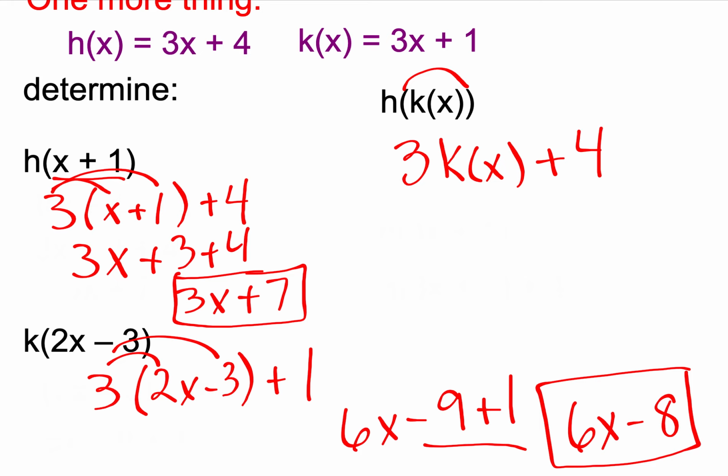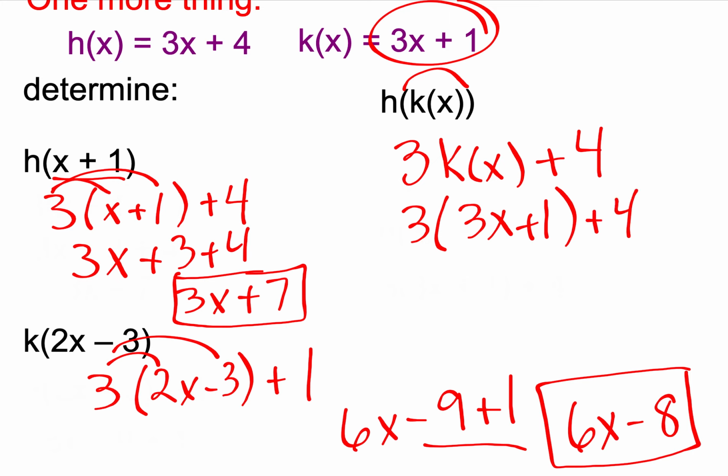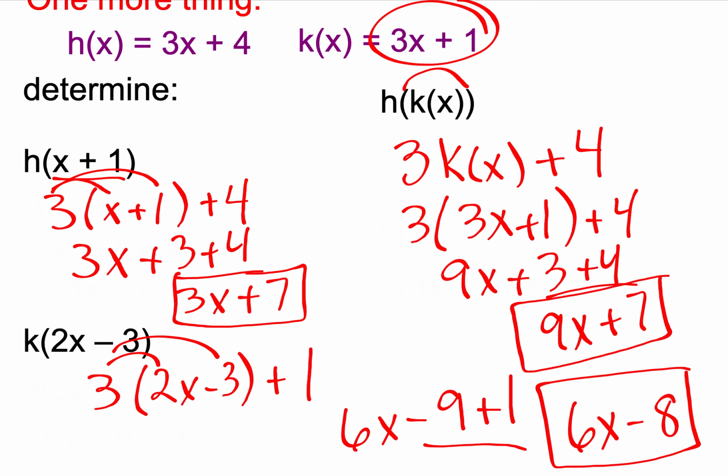So it's 3 times k of x plus 4. Now let's replace k of x with 3x plus 1, because that's what we are actually plugging in. And we can simplify this down by distributing. This is 9x plus 3 plus 4. 3 plus 4, of course, is 7. So h of k of x is 9x plus 7.